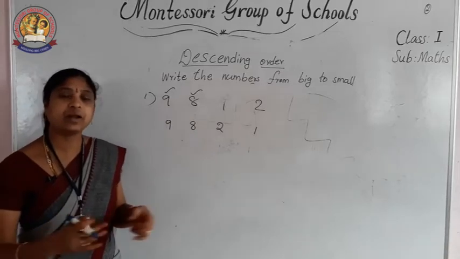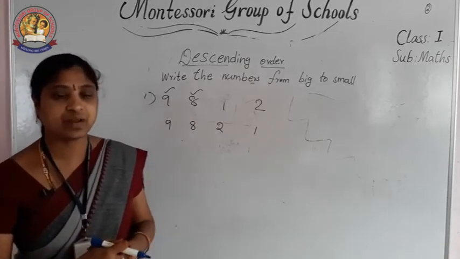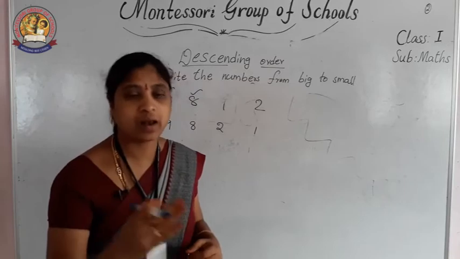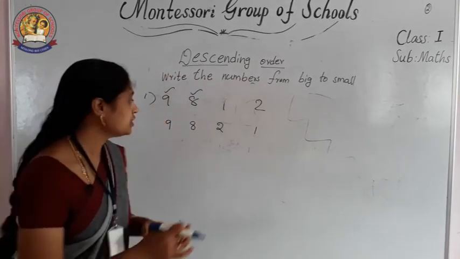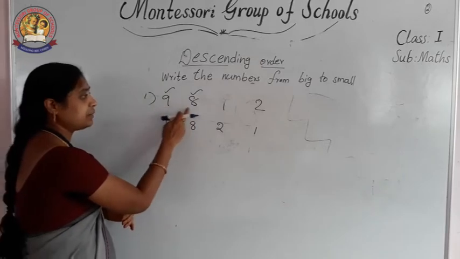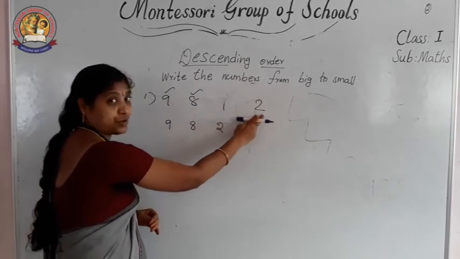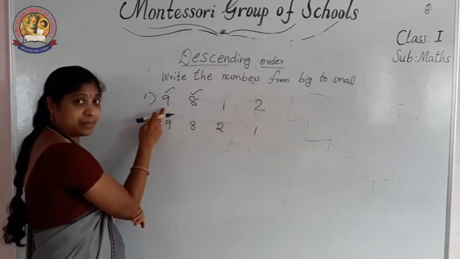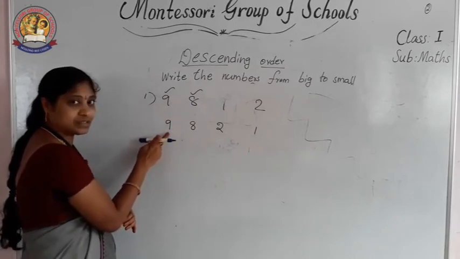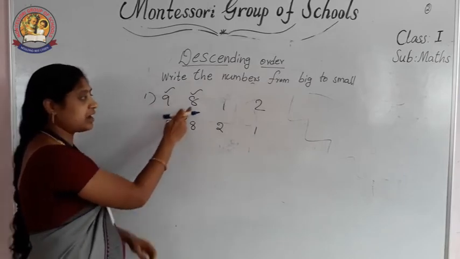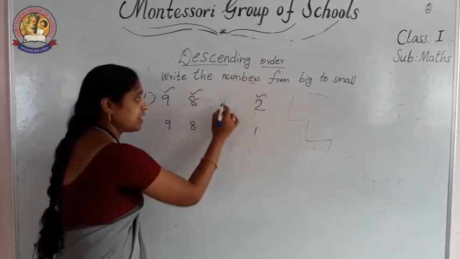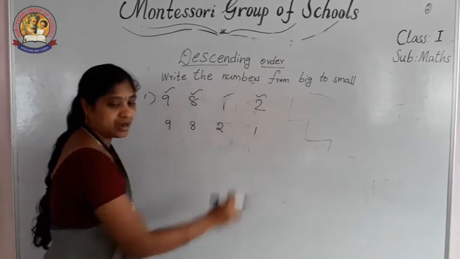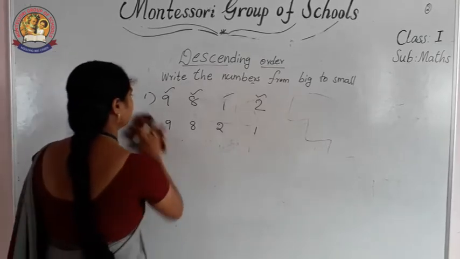See here, 9, 8, 1, 2. Which number is the big? 9. That's why I am writing 9 here. Next 8, next 2, next 1. Next, one more example.